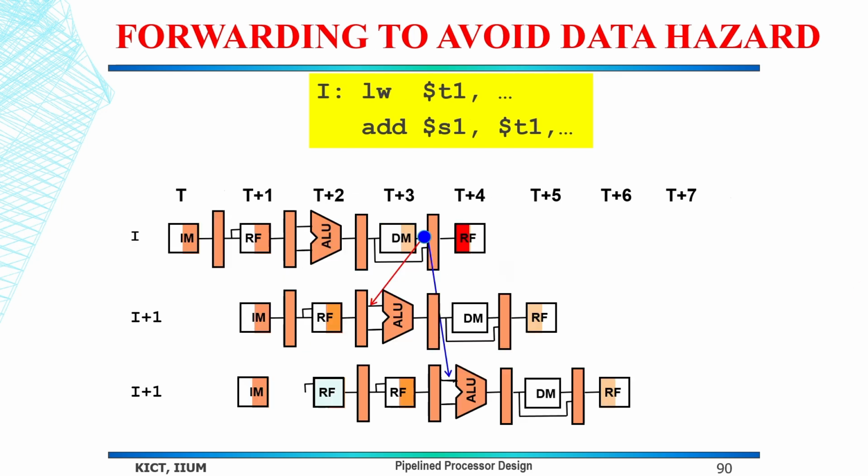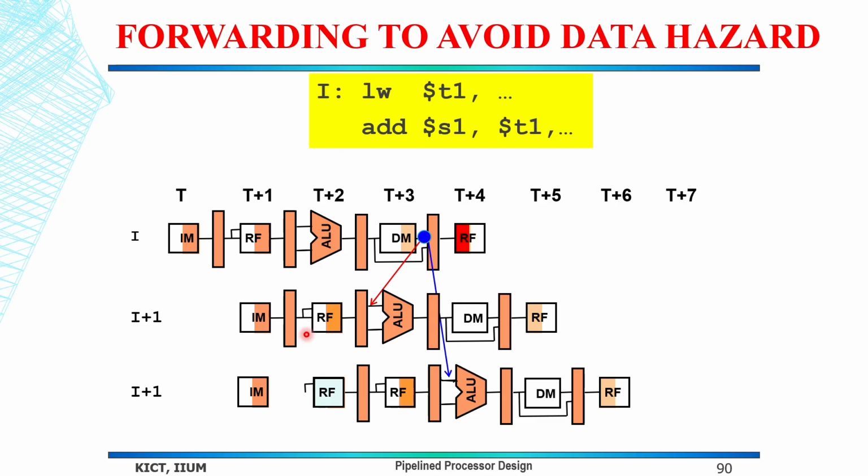Another example: we have load word $T1 and the second instruction add $S1 $T1. Again, this is read after write. For the first instruction, the value of $T1 is going to be written in the T plus 4 cycle, but the value is being read out from the data memory.